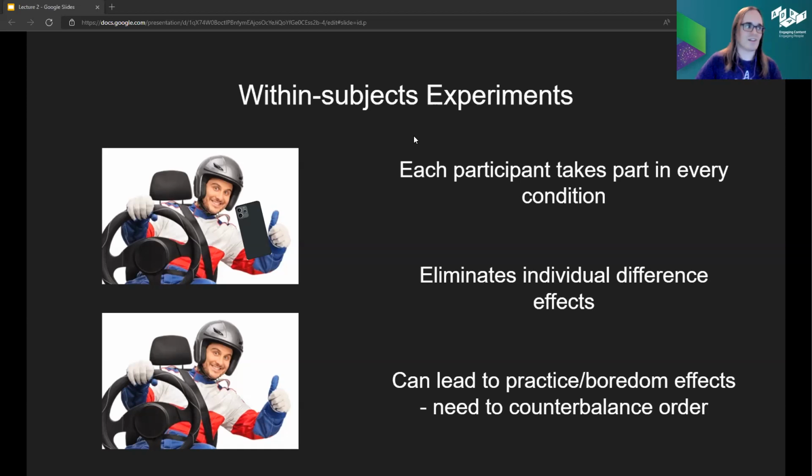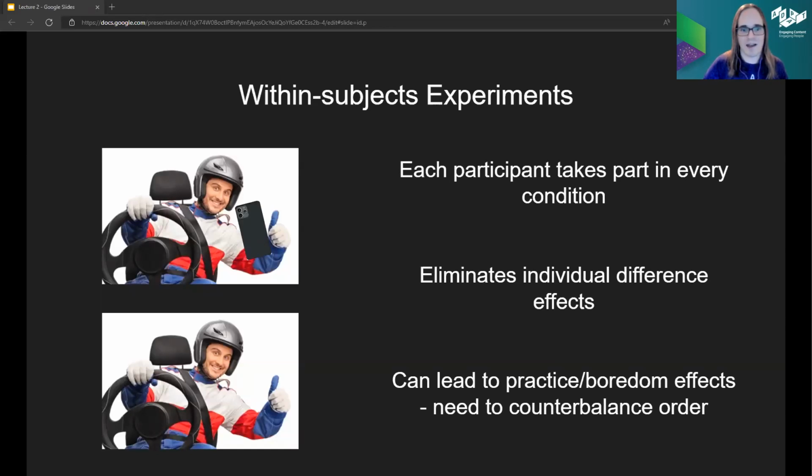So again, using our race car driver example, this is like having the same race car driver run the whole experiment through our course while texting, and also run the whole experiment through while not texting. He experiences both the texting condition and the control condition if it's a within subjects design.